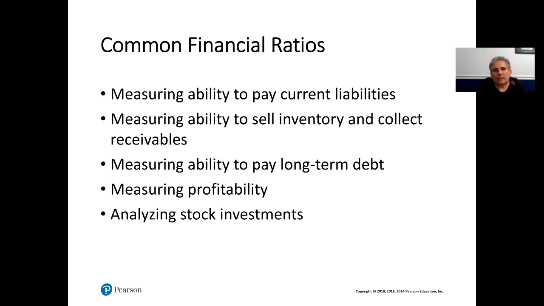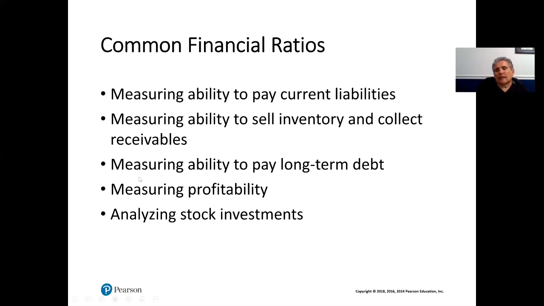How liquid is the company? Is it on the brink of bankruptcy, or is it set for liquidity and it's able to maintain itself for the foreseeable future? The next thing we like to look at is measuring ability to sell inventory and collect on receivables. This is the efficiency element about how we handle our inventory and our receivables.